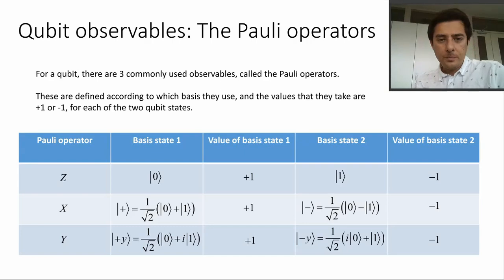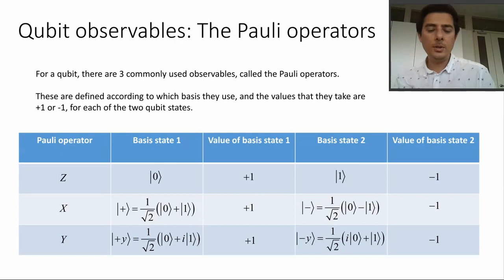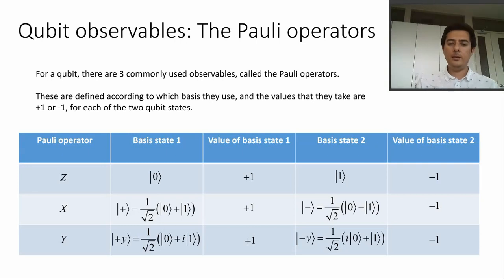Okay, so now let me go on to talking about particular types of operators that often come up, particularly with qubits. What we're going to do is not actually going to be so much on physical properties, although that's exactly what you can do with this kind of theory.